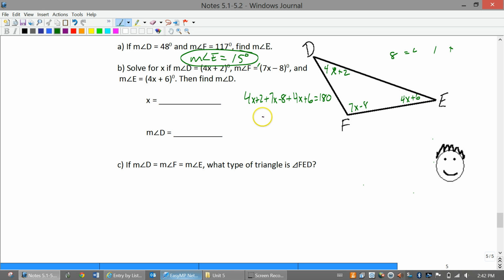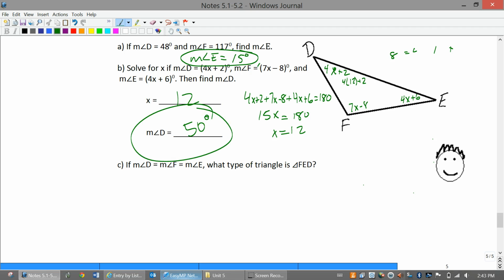We get 15x equals 180. X is then 12. And then the measure of angle D we still need to do, so we stick it in, and you get 50 degrees. It's got to be degrees because we're asked for an angle measure, not for a number.